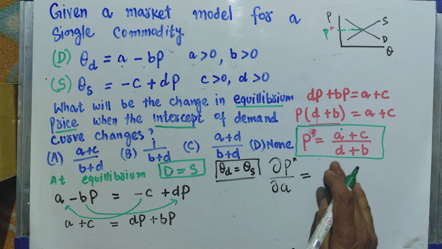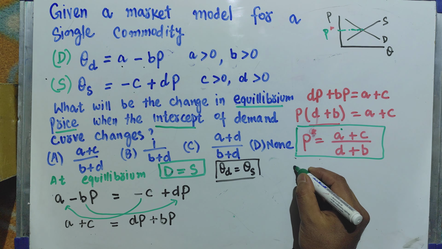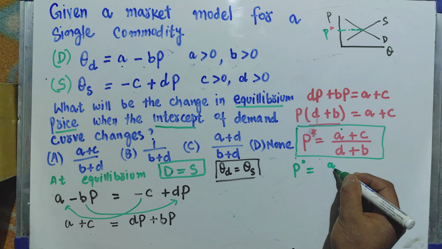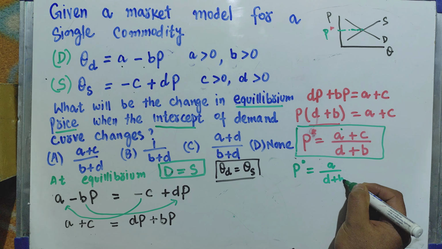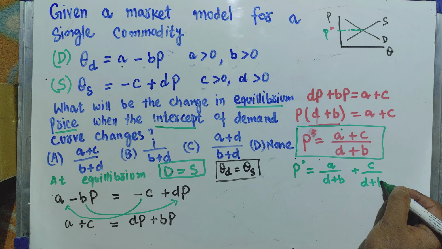Or let me do one thing here to make things clear. Let me rewrite this equilibrium condition. Can I write it like this? A divided by D plus B plus C divided by D plus B. Okay.